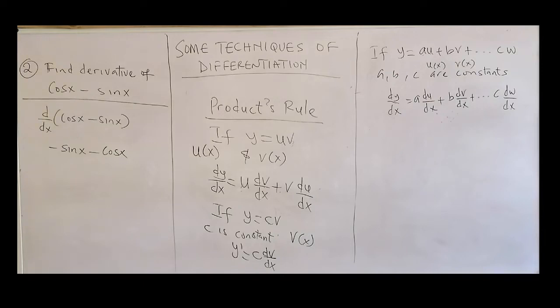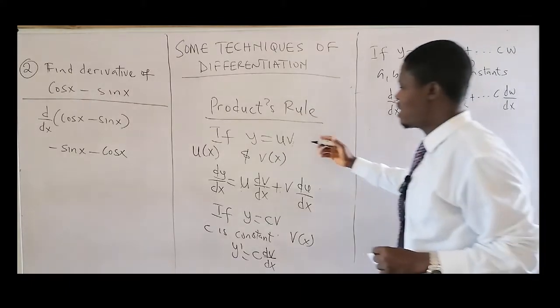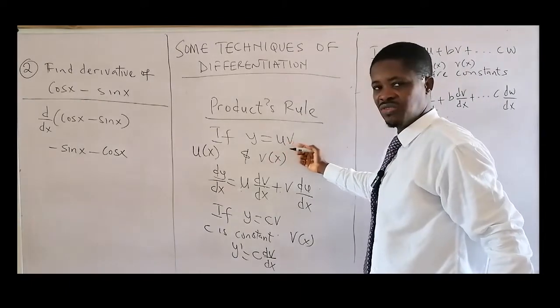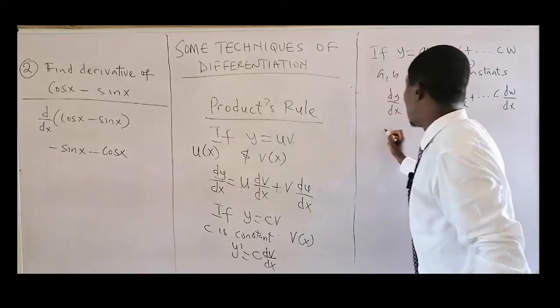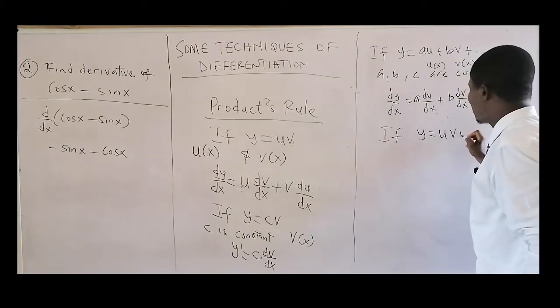Then we've explained when you are multiplying two items, it's also possible to have three items multiplied together.